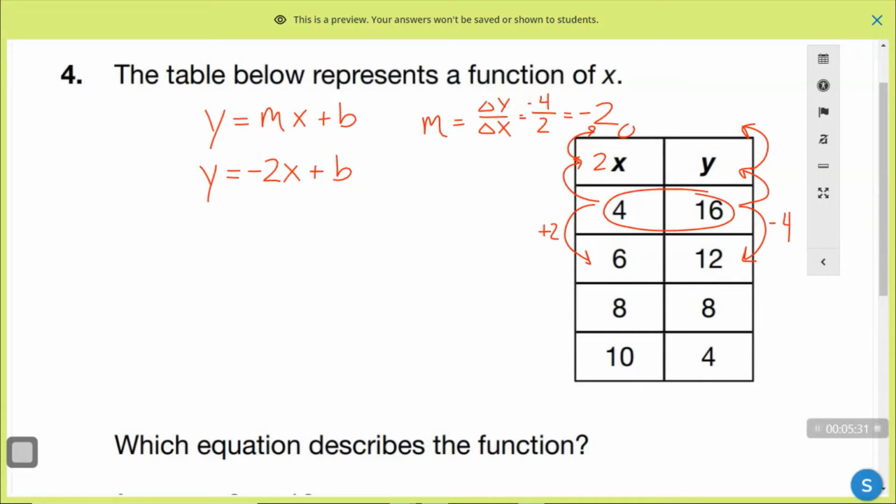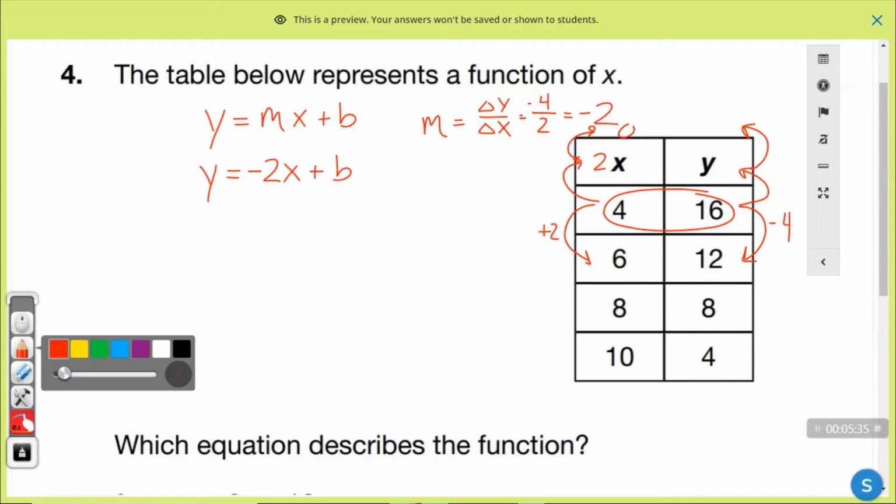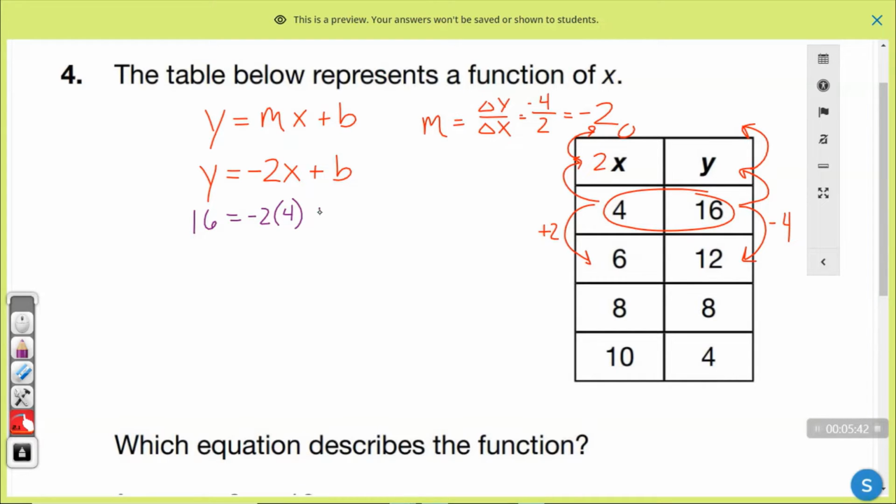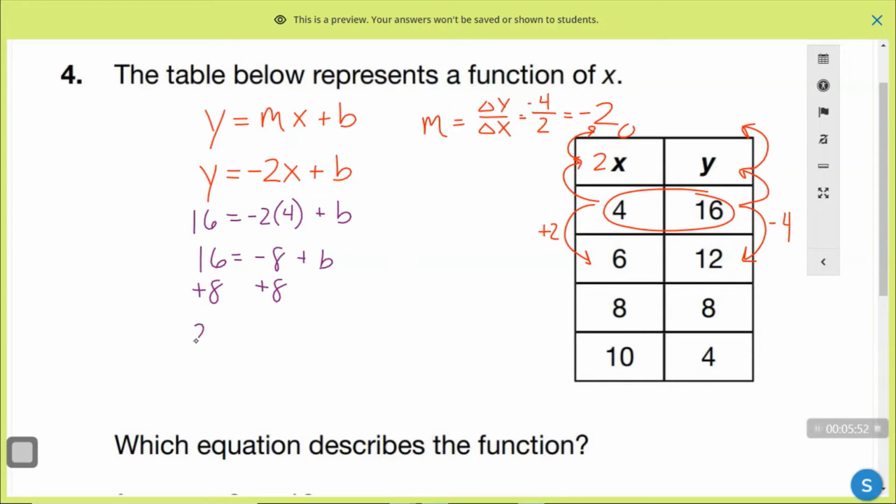I'm just going to pick my very first point where x is 4 and y is 16. Knowing that, I can plug that in, giving me 16 equals negative 2 times 4 plus an unknown value of b. And that's going to give me negative 8 plus b, and I can solve that: add 8 to both sides, and 16 plus 8 is going to give me 24 as my initial value or my y-intercept.